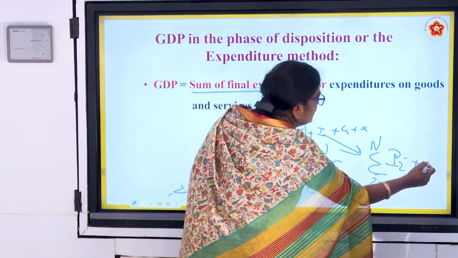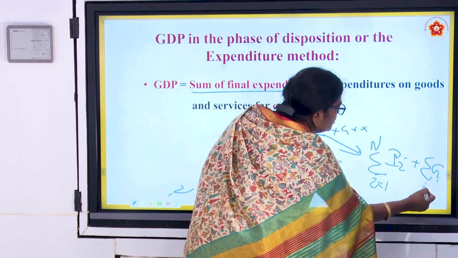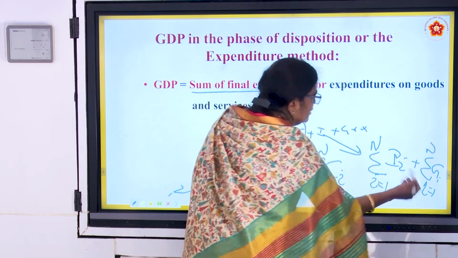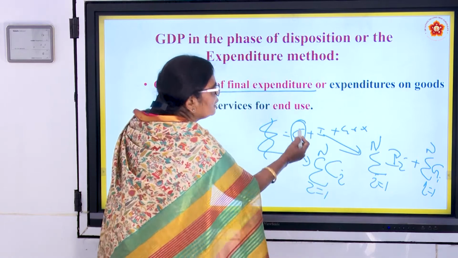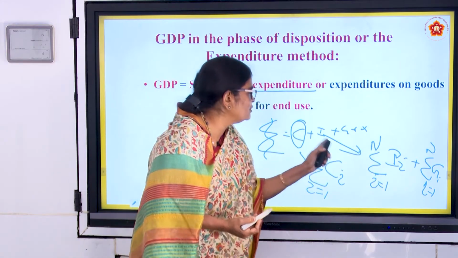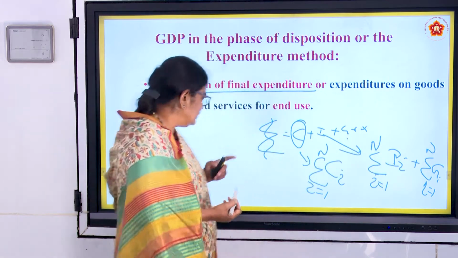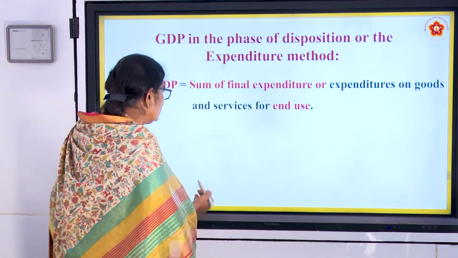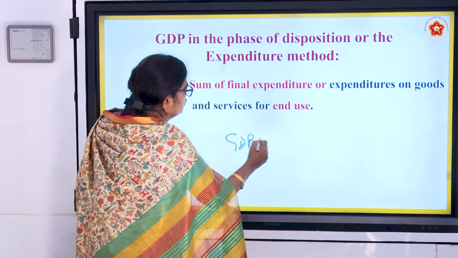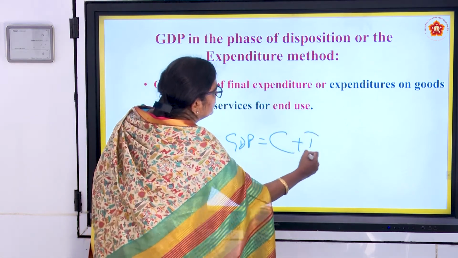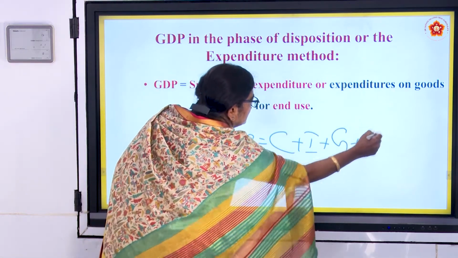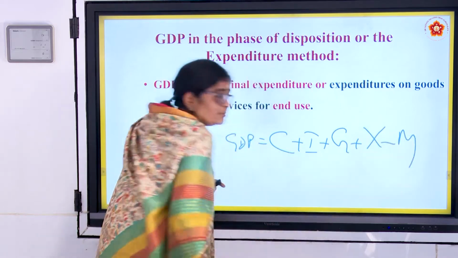Like that, summation of all the firms from 1 to N, the addition of all of them will be equal to capital C. All that addition of I will be equal to capital I. All that addition of G will be equal to capital G. That's how we finally proved GDP is equal to capital C plus capital I plus capital G plus X minus M.